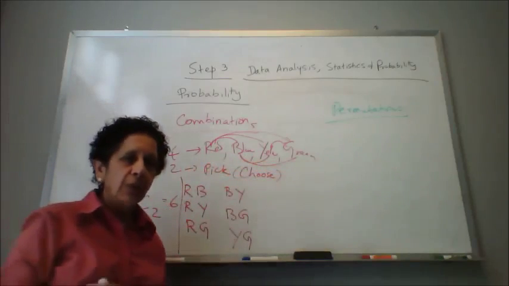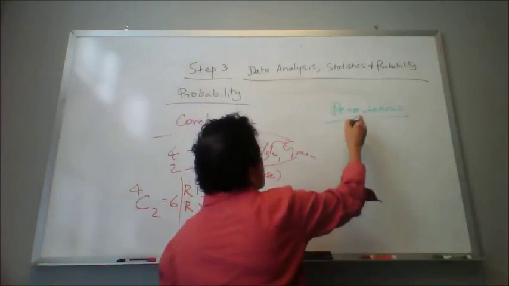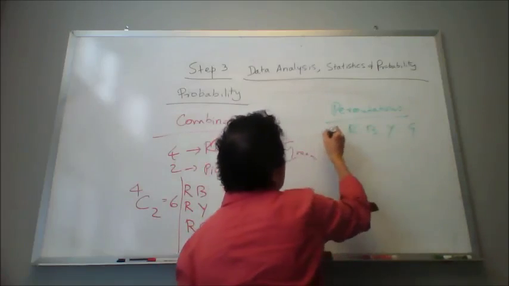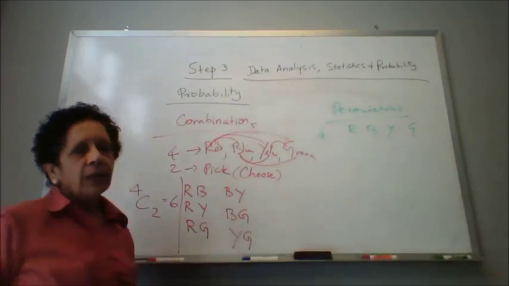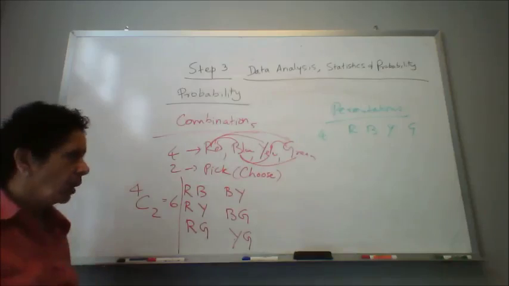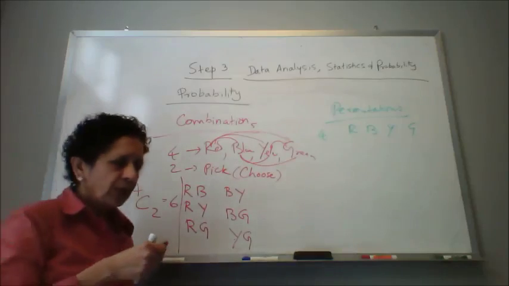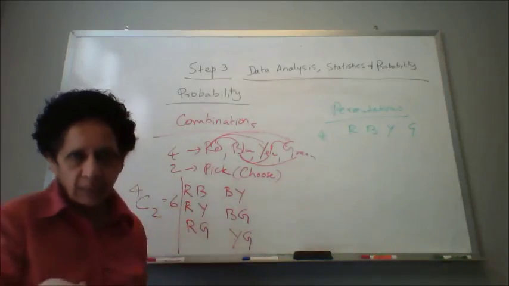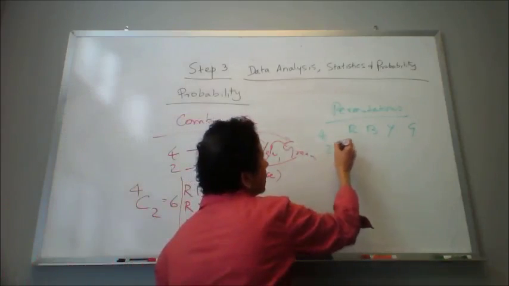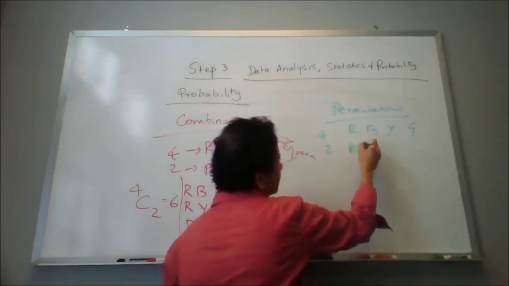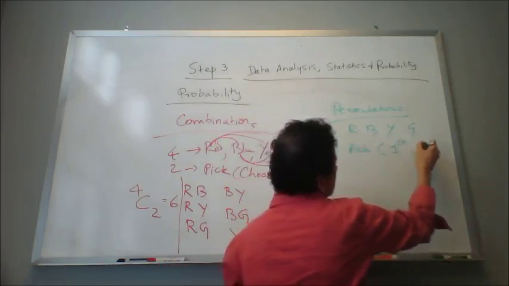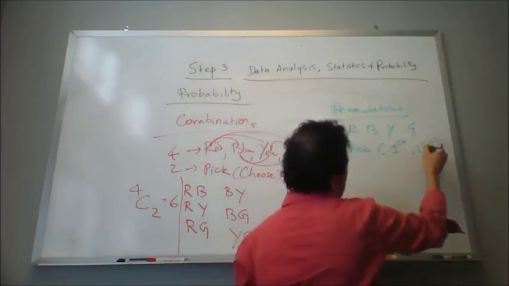So again, I have red, blue, yellow, green. I have 4 dogs, and these dogs participate in a competition. They are going to give a first prize and second prize. So they are going to pick 2 dogs, and one of them is going to get the first prize, another dog is going to get the second prize.